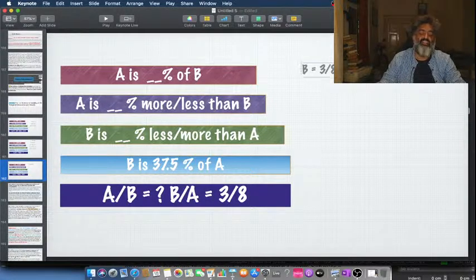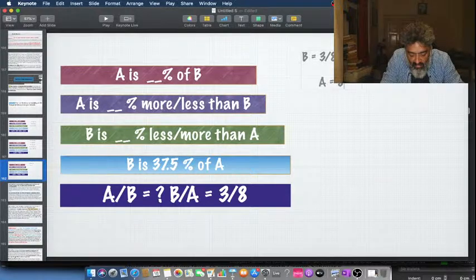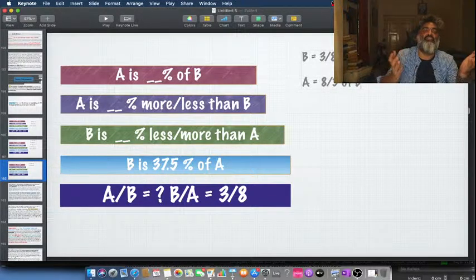And then I can start playing with it. Simple jump would be A is equal to 8 by 3 of B. So now interpret this. You have it in fraction, convert it into bhasha. 1 by 3 is 33.33%. Just multiply 8 into 33.33. So 33s together give you 100.